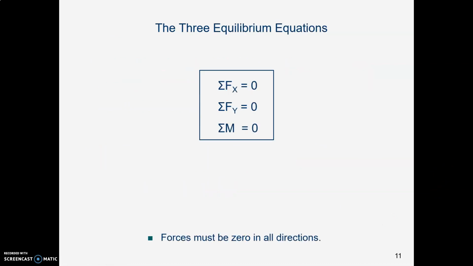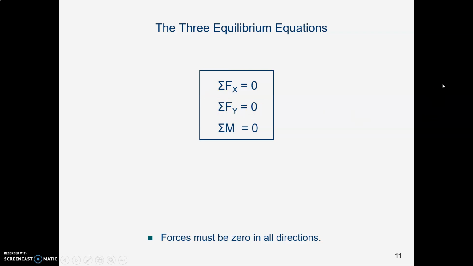So that takes us to your toolbox. These are the 3 equilibrium equations. These are the tools in your toolbox when you are figuring out beams and columns and all that kind of stuff. Now, forces have to add up to 0. They have to be equal and opposite no matter what direction they're going in. But in engineering, we often boil them down to the x components and the y components, because those are just easier.